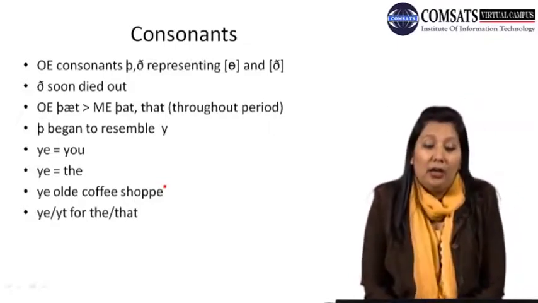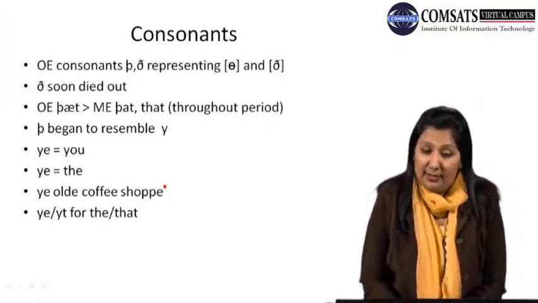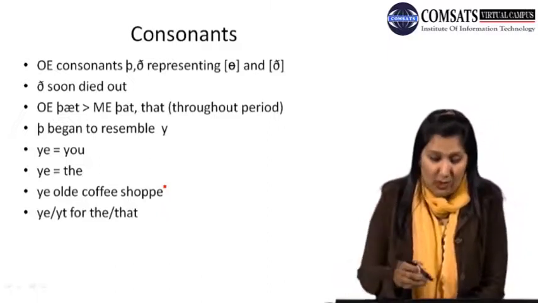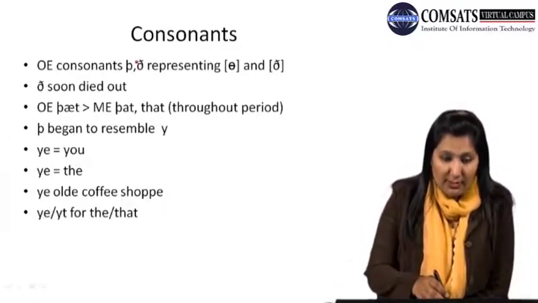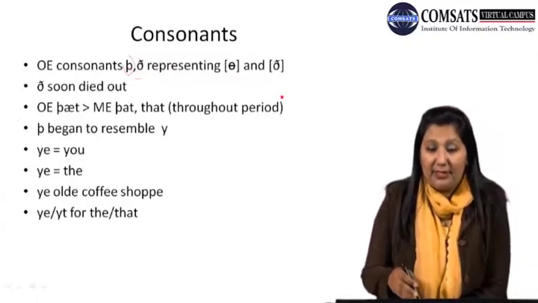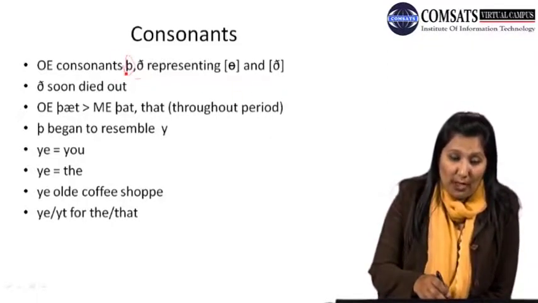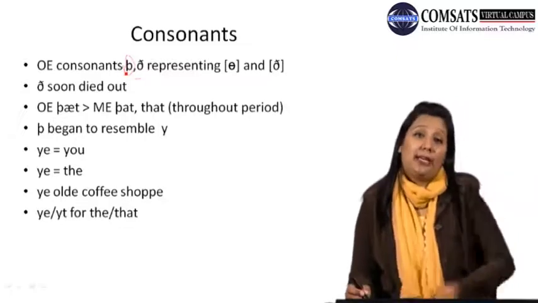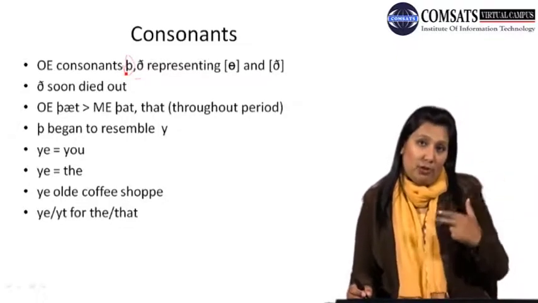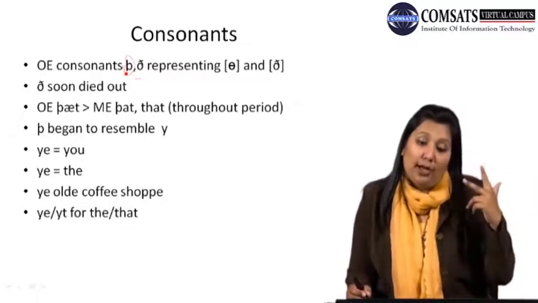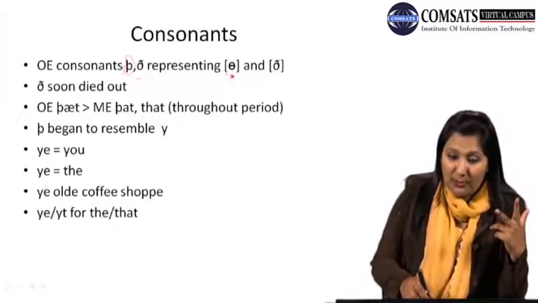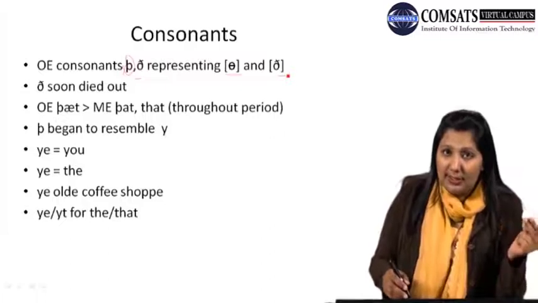Consonants. In Old English, there was just one consonant that represented both th sounds, whereas later on we had two consonants: th and the other one.